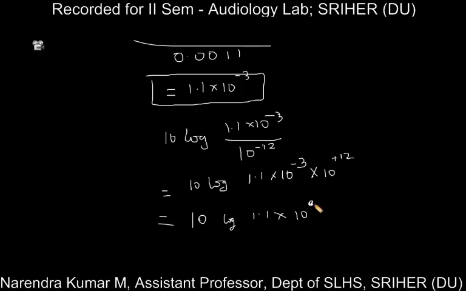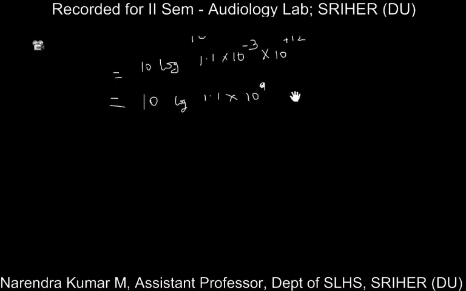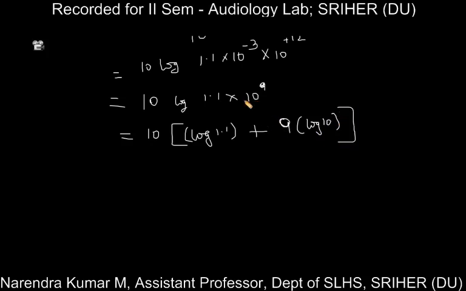Now simplifying this equation, it will become 10. The log is common for both 1.1 and 10 to the power 9. 10 open bracket log of 1.1, multiplication will become addition, right? So log of 1.1 plus log of 10 to the power 9. When log comes, the exponent will come in front of the log.